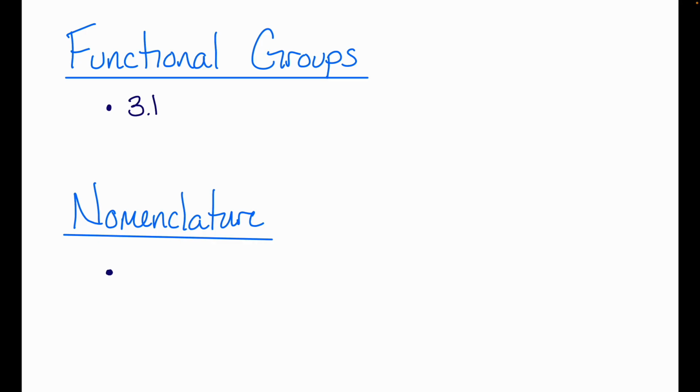Nomenclature. What I'm going to do for nomenclature in terms of review is I'm going to expect you to know alkane nomenclature as well as cyclic alkane nomenclature.